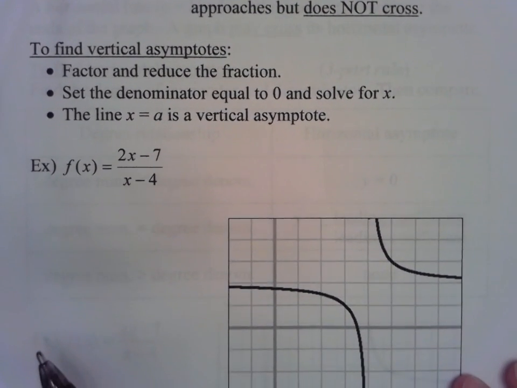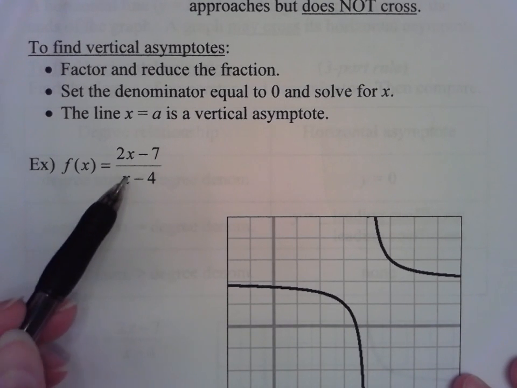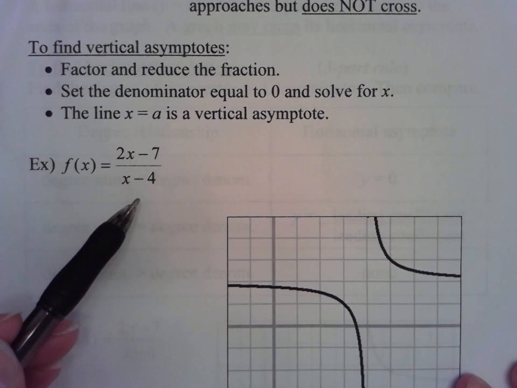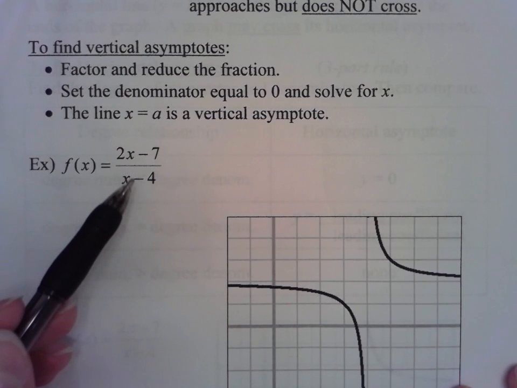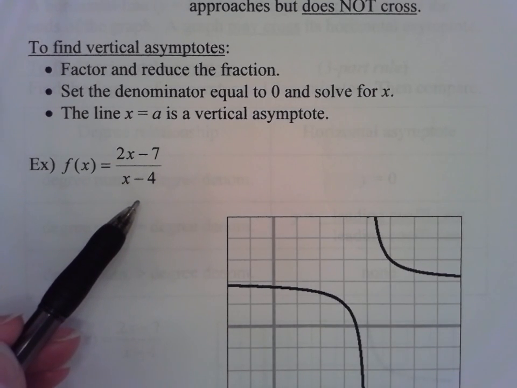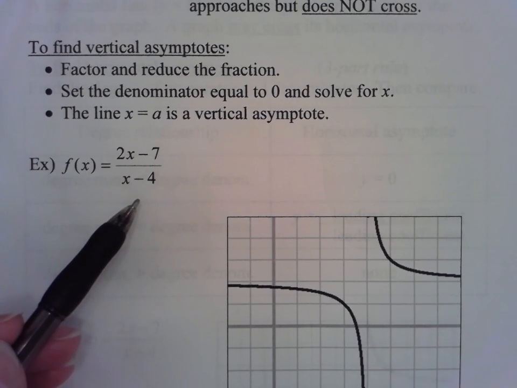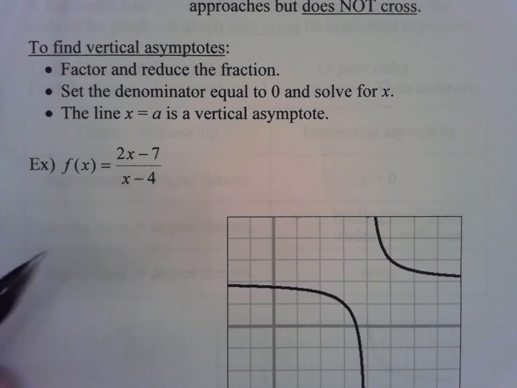Okay, so let's take this example. Here's a function. It's a rational function because it's a fraction. So if I wanted to find the vertical asymptote, I could factor and reduce. This example is not factorable. We're going to look at some that are in just a second. So I don't have to do the first step because I can't factor this. Then from here, I'm going to set the denominator equal to 0.